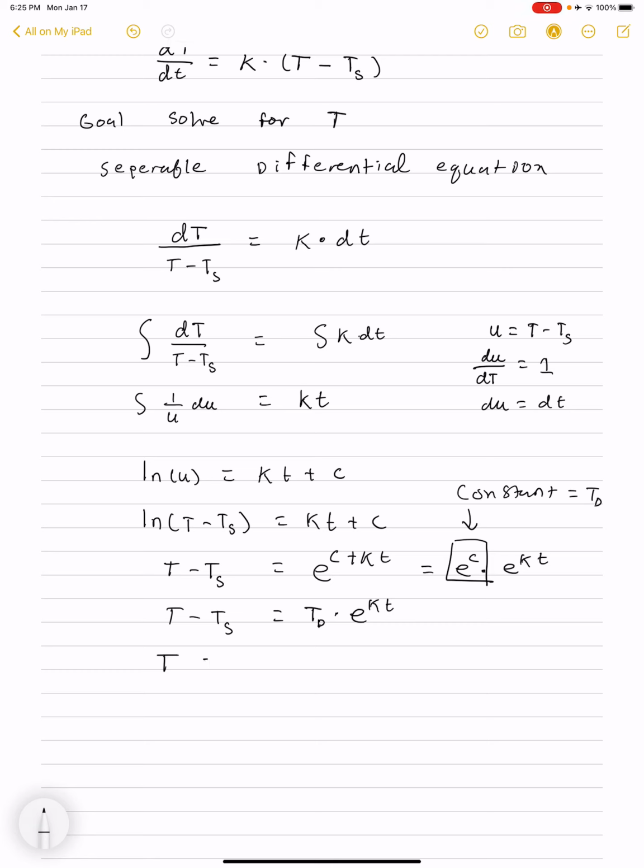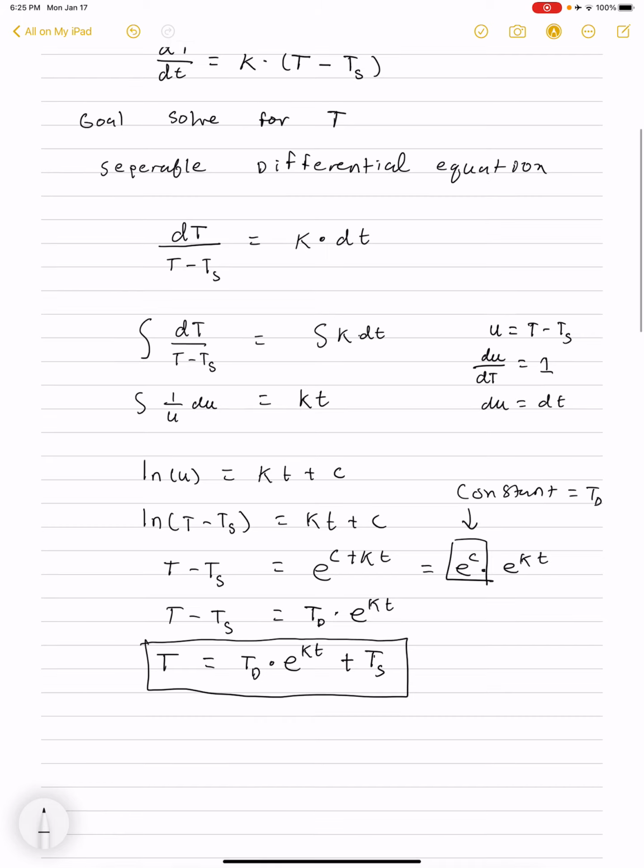So now we get this equation that the temperature as a function of time is T sub d times e to the kt plus T sub s. T sub d turns out to be the difference between the surrounding temperature and the initial temperature of the object. This is a function of time t, and this is Newton's law of cooling.